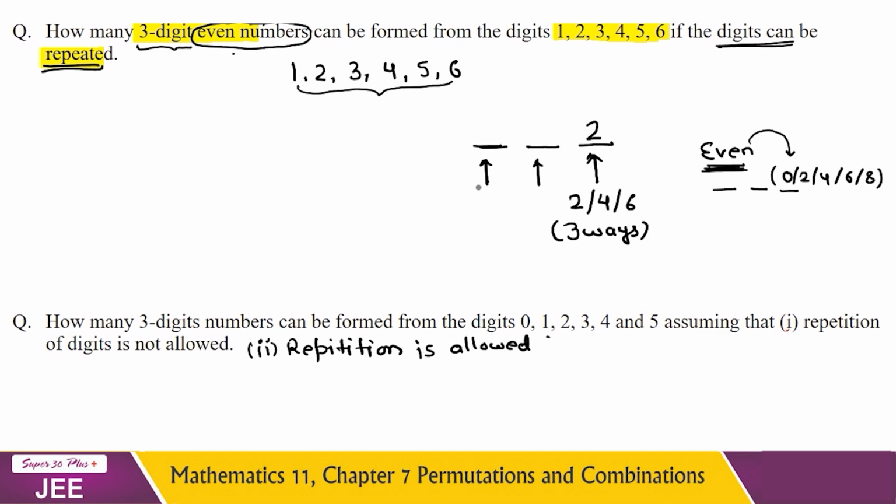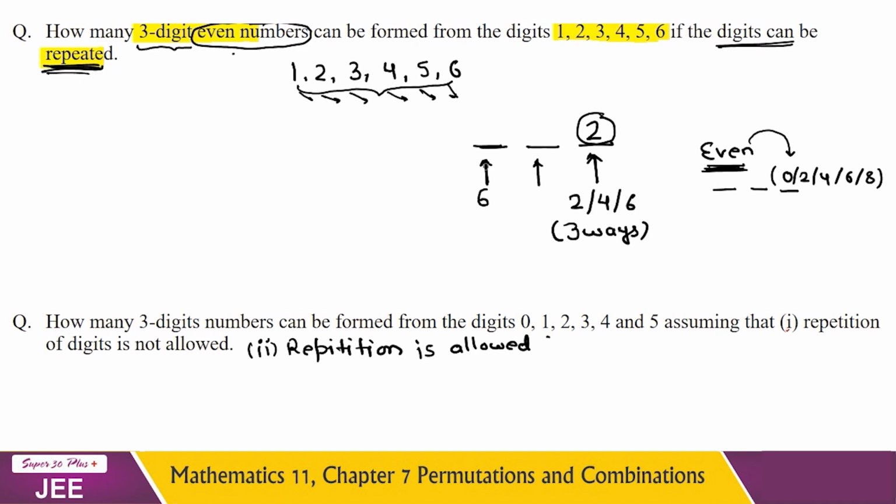So this place can be filled in 6 ways, because I can put over here 1 or 2 or 3 or 4 or 5 or 6. Don't worry about this 2. We have put 2 over here, but repetition is also allowed, so I can have 2 as many times as I want.